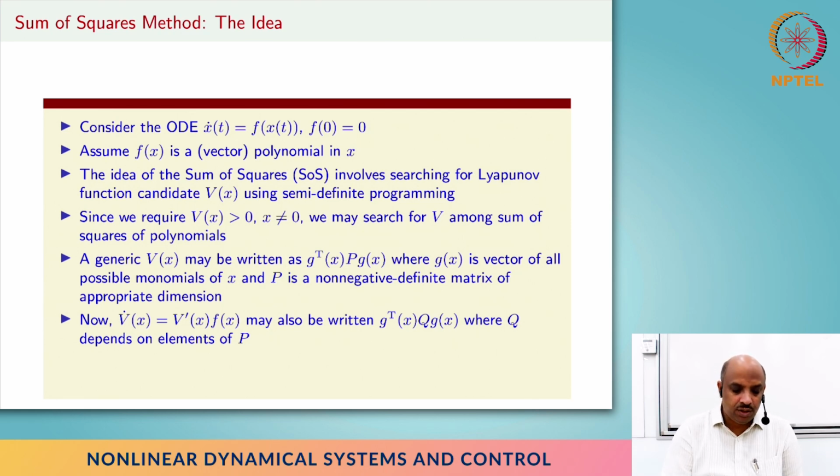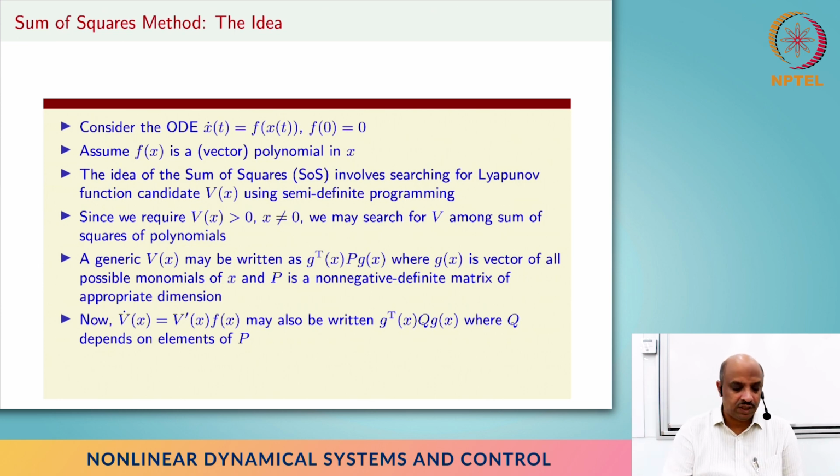So when we take all those things, I want to put this argument a little bit carefully. g of x contains all possible expressions like x1, x1 squared, x1x2, x2 squared, and things like that up to a certain degree. Let's hope that f also has all the expressions up to a certain degree, which means you can write f of x as a product of some matrix times this g of x.